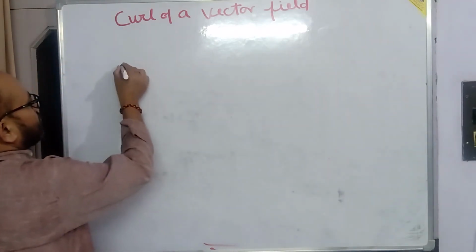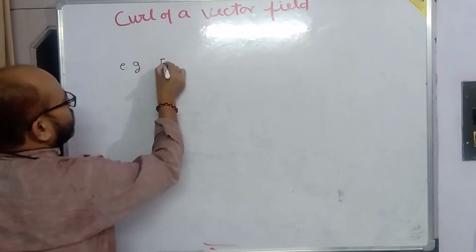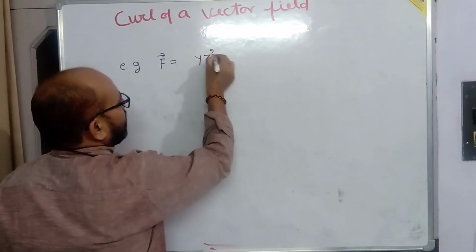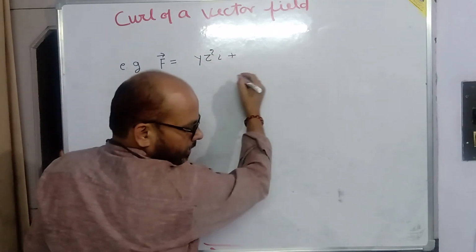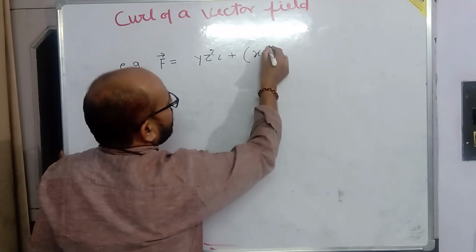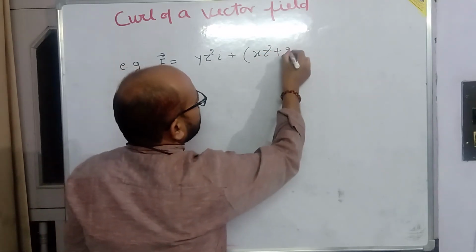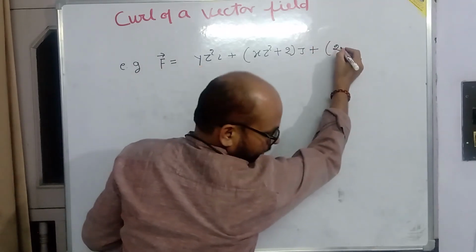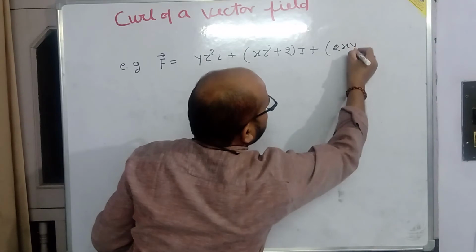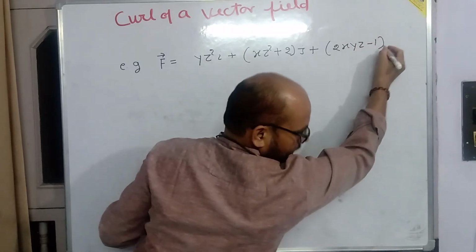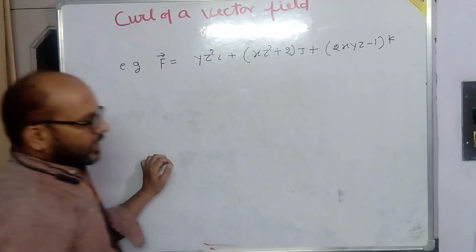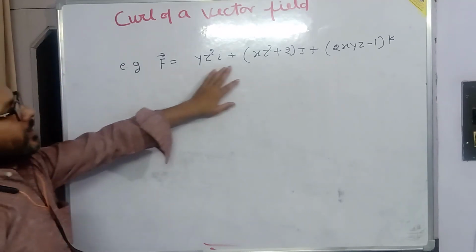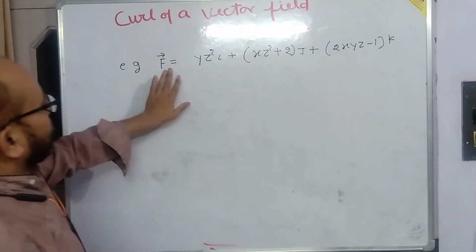Here is an example: f is the vector field, f equals y z square i cap plus x z square plus 2 j cap plus 2xyz minus 1 k cap. Suppose the vector field is conservative. You have to calculate the curl of the vector field.